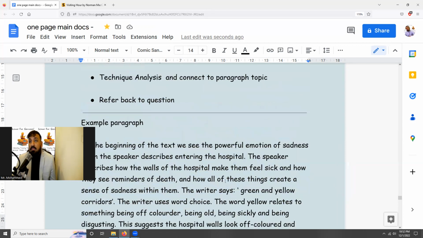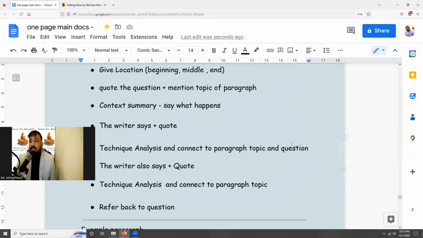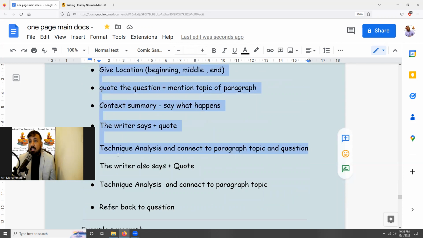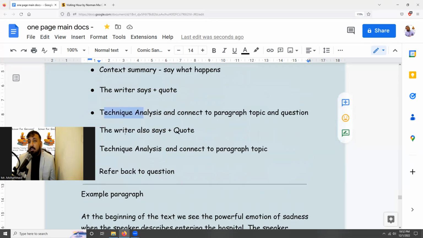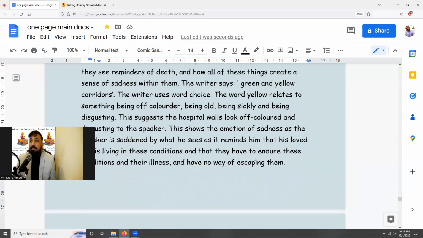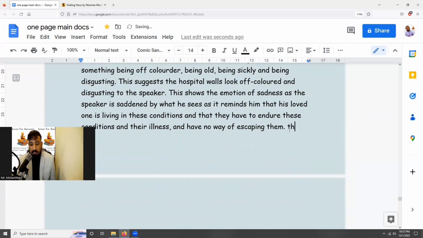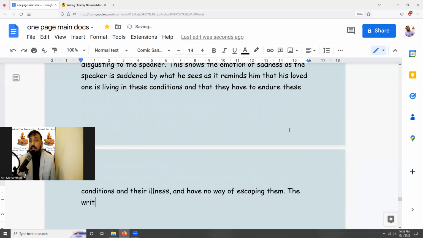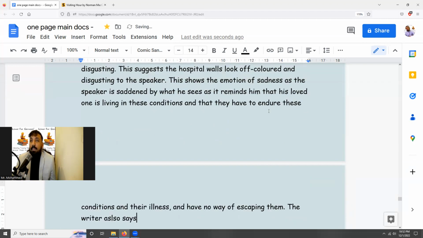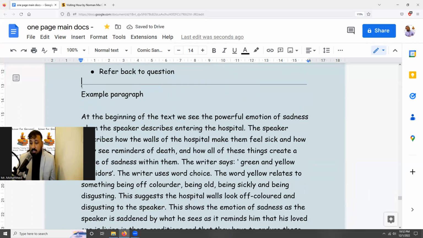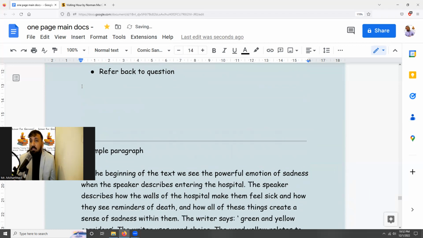Okay, so we continue. And again, just to tell you, we've reached this point here. So we continue now with our second quote. Okay, and the writer also says, what I'm going to do is move this to its own page so you can see the full thing once we're finished.